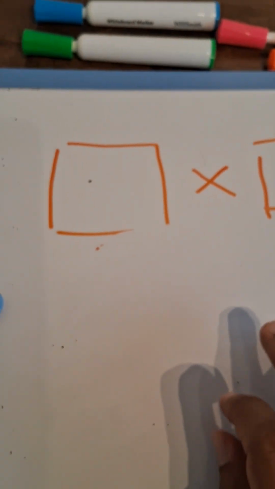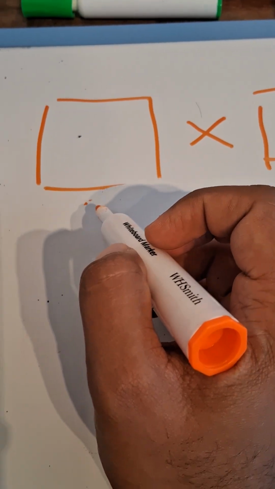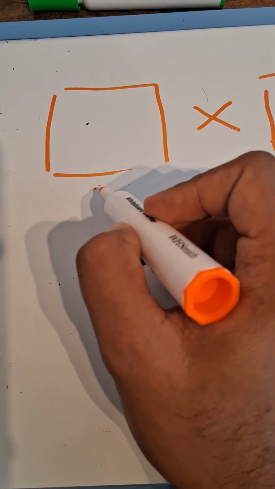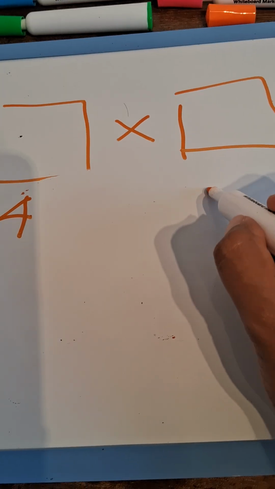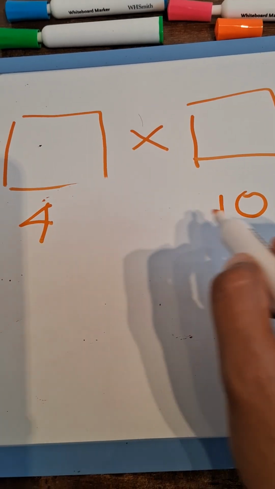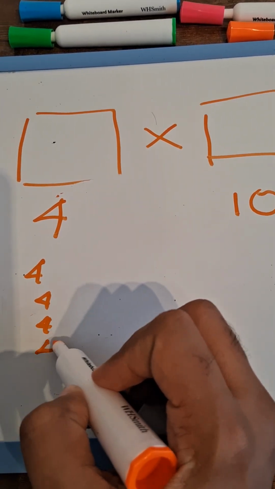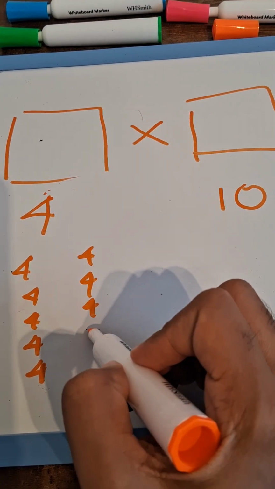So what you need to know is to take the first number. Think like this number is 4, and the second number is 10. That means there are 10 fours. So, like 4 4 4 4 4 4 4 4 4 4.